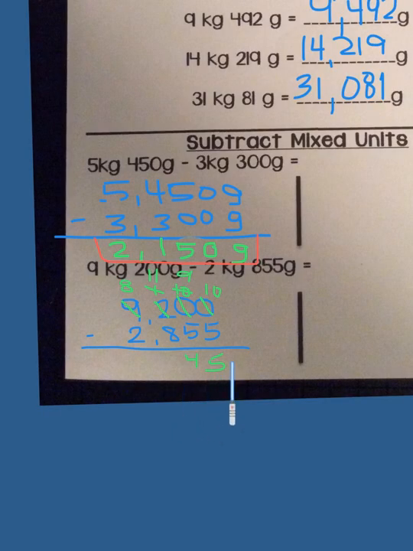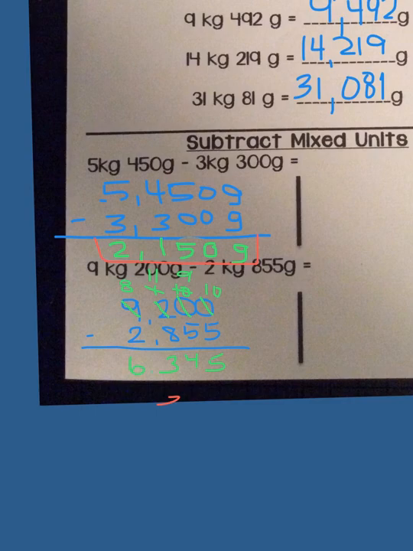All right, how did you do? Remember that there are zeros here, so we had to do some regrouping. Okay, be sure to check your work. I didn't finish, so I just wanted to make sure you have the regrouping that I have, and we're just going to finish up with 11 minus 8 is 3, and 8 minus 2 is 6.